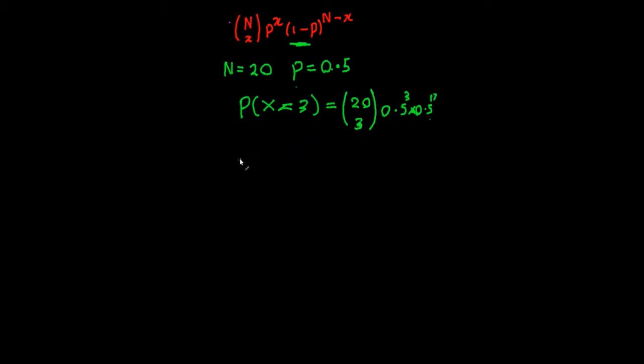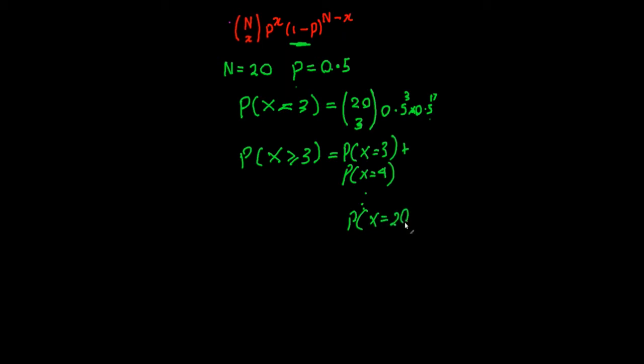Now suppose I had the question to find probability of x greater than or equal to 3. What I will be doing is finding the probability of x equals 3 and then add up x equals 4 all the way up to x equals 20. Now if you notice, there's quite a few terms to add up.